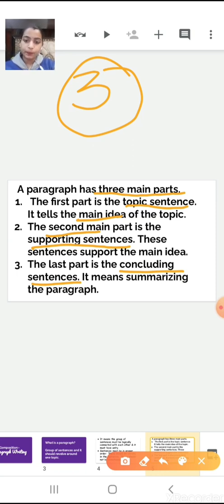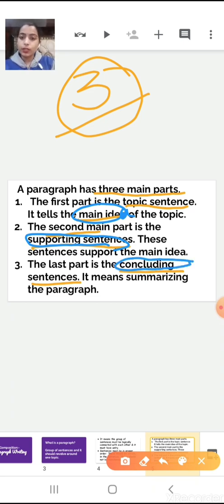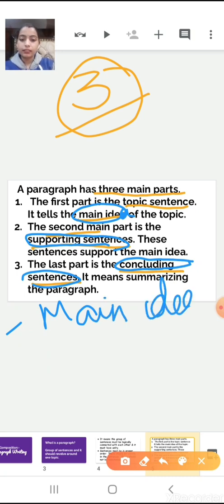Okay, how many parts do we have? We have three parts. First we have the main idea, that means the topic sentences.